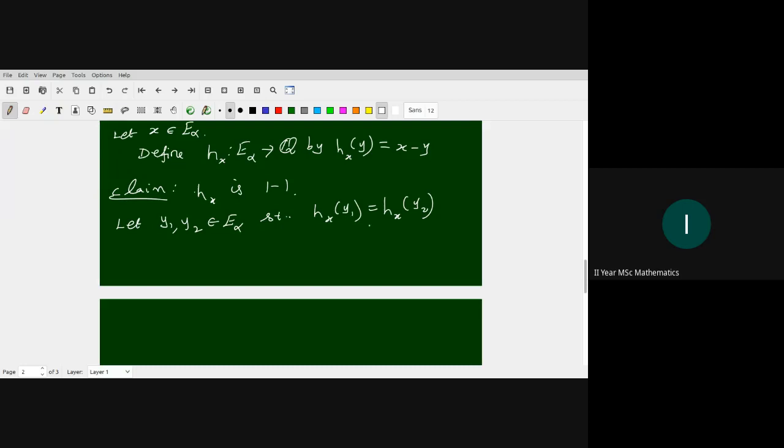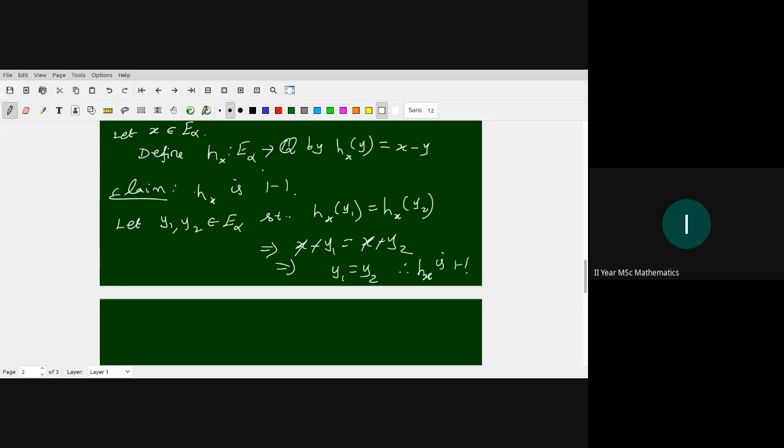I'm going to prove that y1 equals y2. By the definition, x minus y1 equals x minus y2. So cancel x and the minus sign, and y1 equals y2. Therefore h_x is one-one.